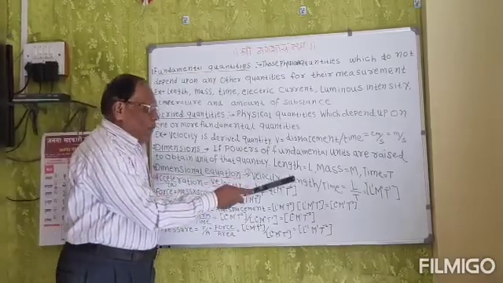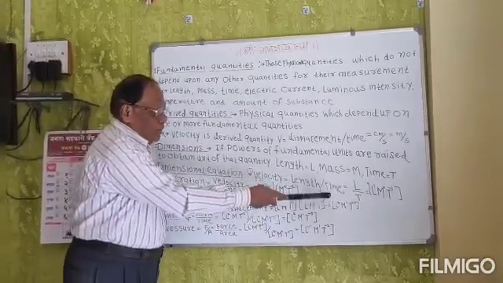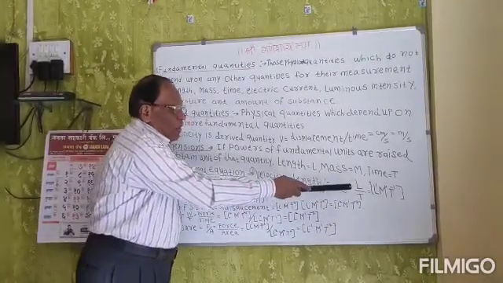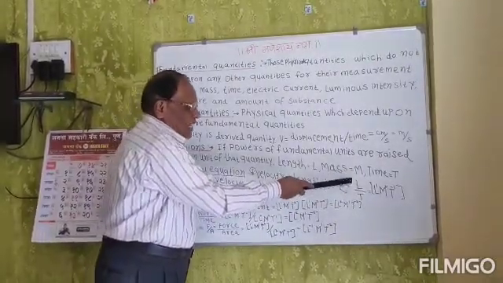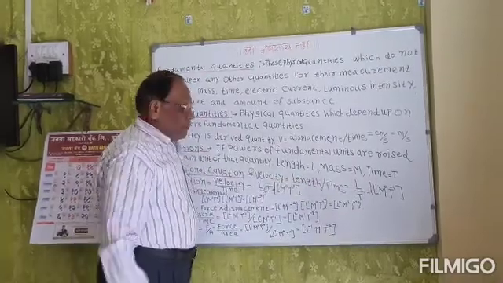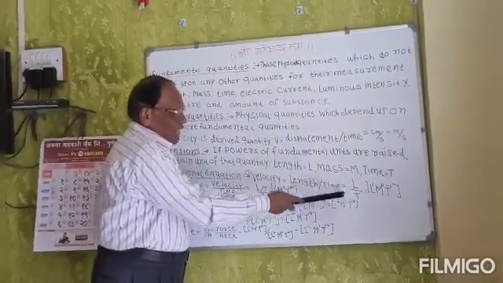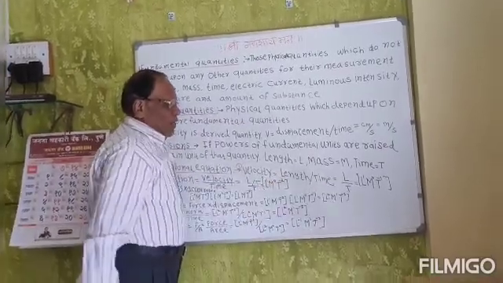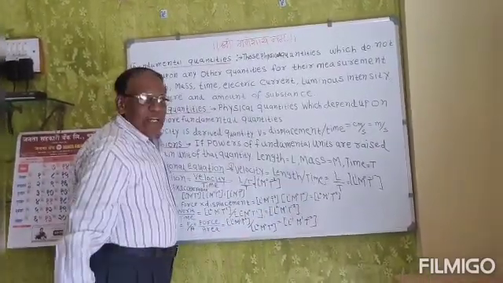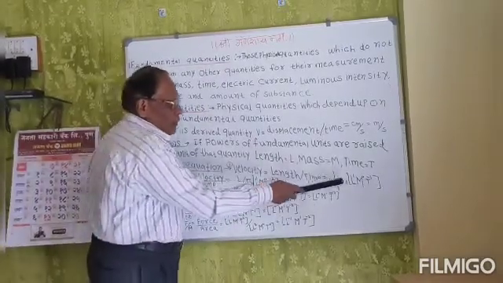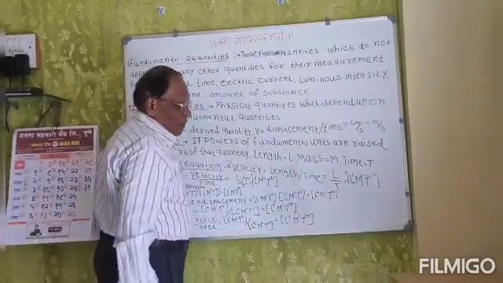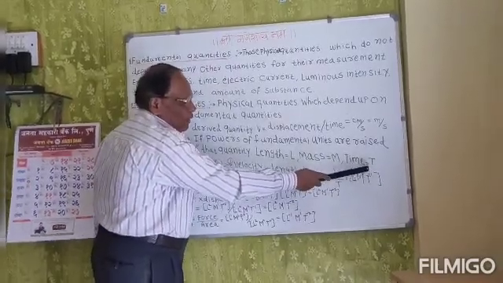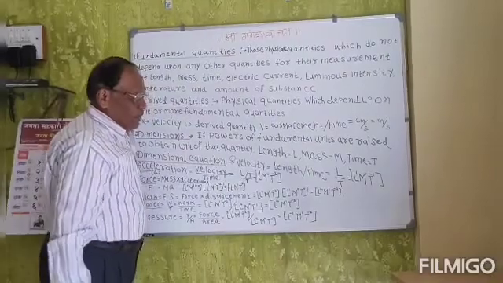Velocity is equal to length upon time, written as L upon T. As L is in the numerator, its power is 1, and time is in the denominator, so its power is T raised to minus 1. Further we can write it in a square bracket: length to the power 1, mass to the power 0, and time to the power minus 1.